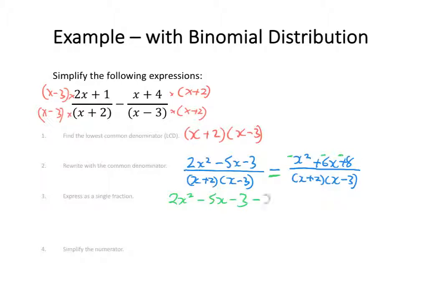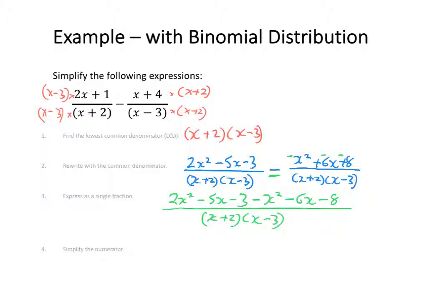So it's going to be minus x squared minus 6x minus 8. And that is going to be over my common denominator of x plus 2, x minus 3. So now that I have my expression as a single fraction, I can go ahead and simplify.